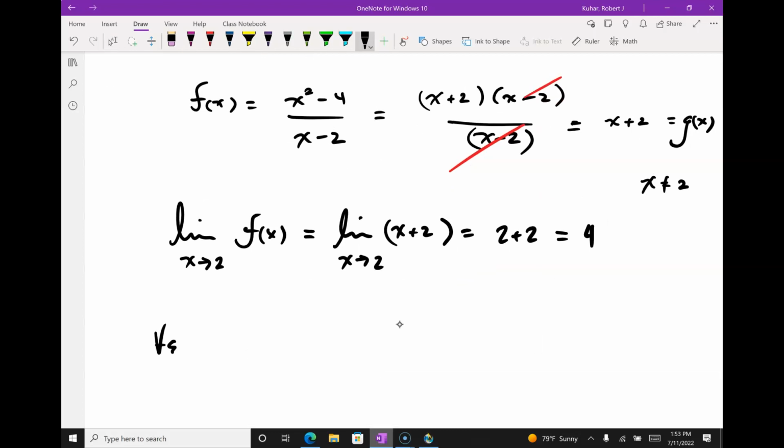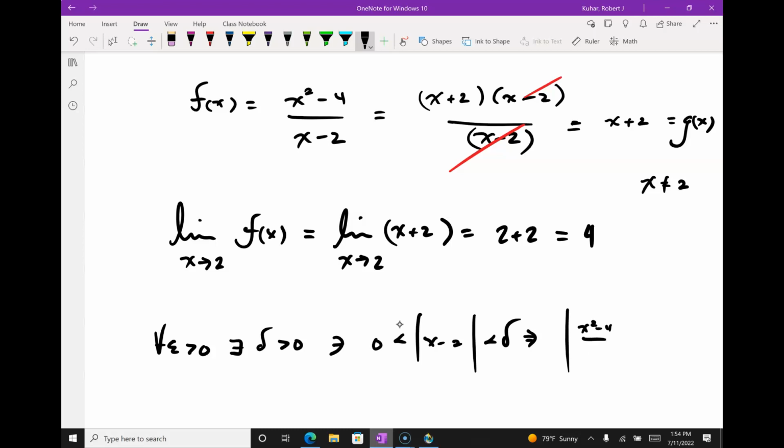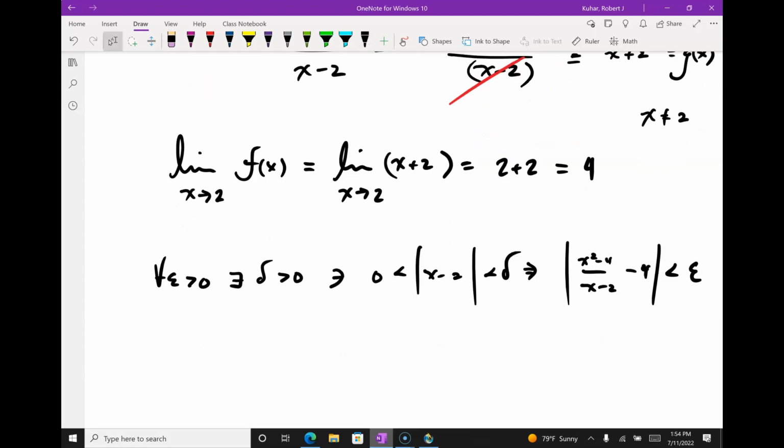I have for every epsilon greater than 0, there exists a delta greater than 0, such that 0 is less than absolute value of x minus 2, which is less than delta, implies absolute value of x squared minus 4 over x minus 2 minus 4 is less than epsilon. So I have the delta that makes this work, because what did I get?